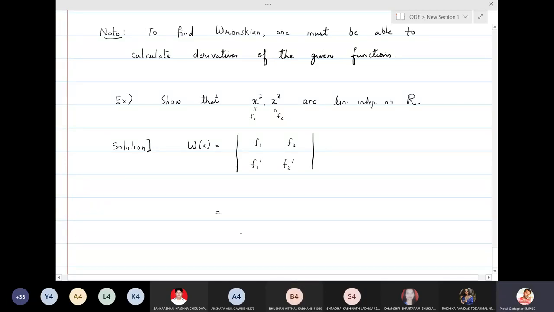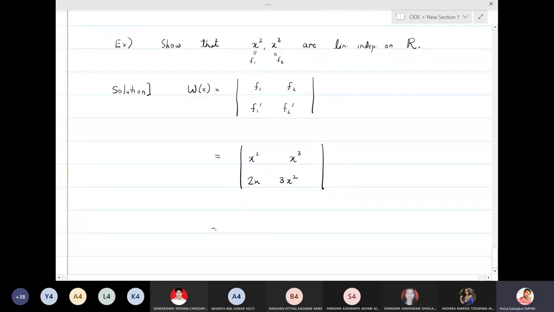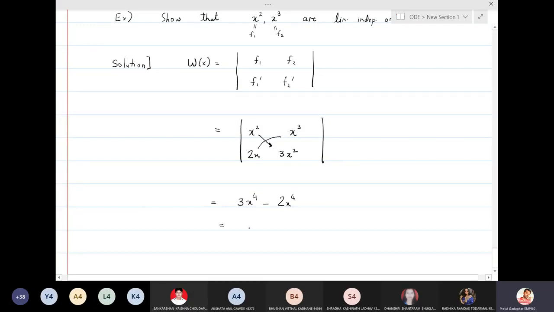It is the determinant of x square, x cube, then the derivatives 2x and 3x square, which is equal to 3x raised to 4 minus 2x raised to 4, which is simply x raised to 4.